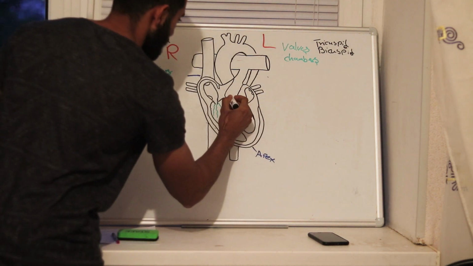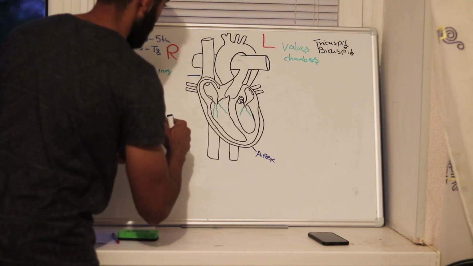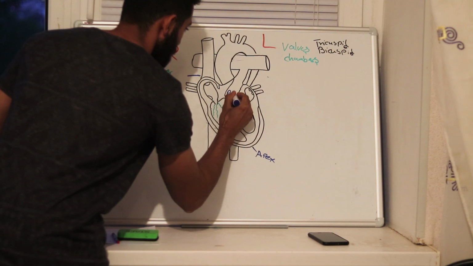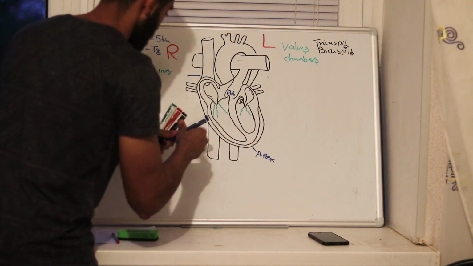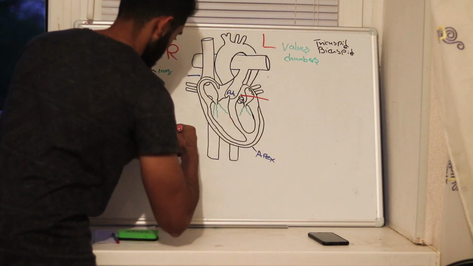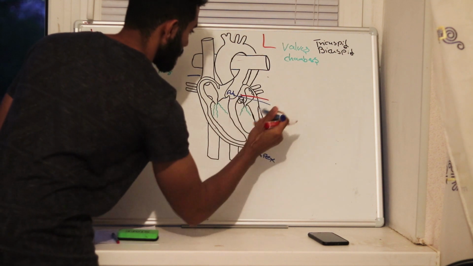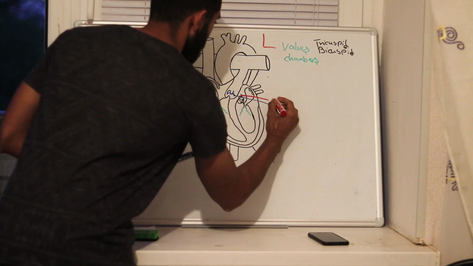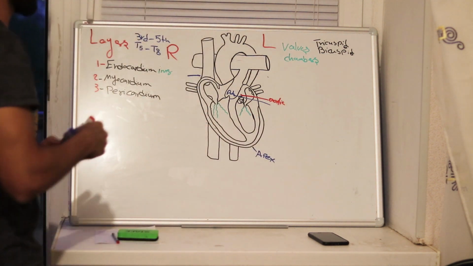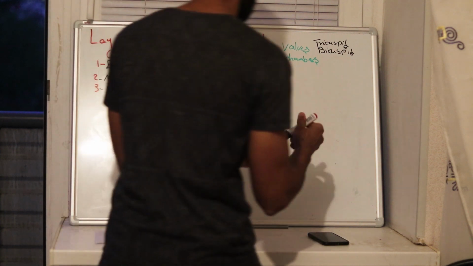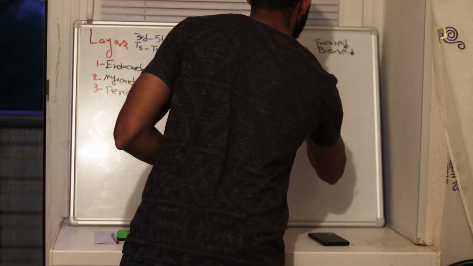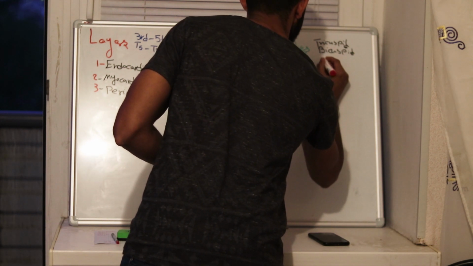Here we have the pulmonary valve, and here we have the aortic valve. Both of these valves are called semilunar, meaning half moon.